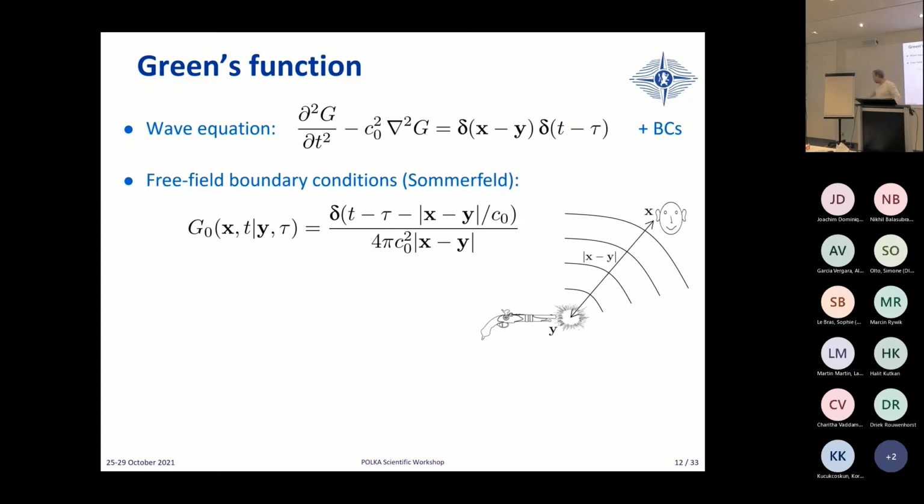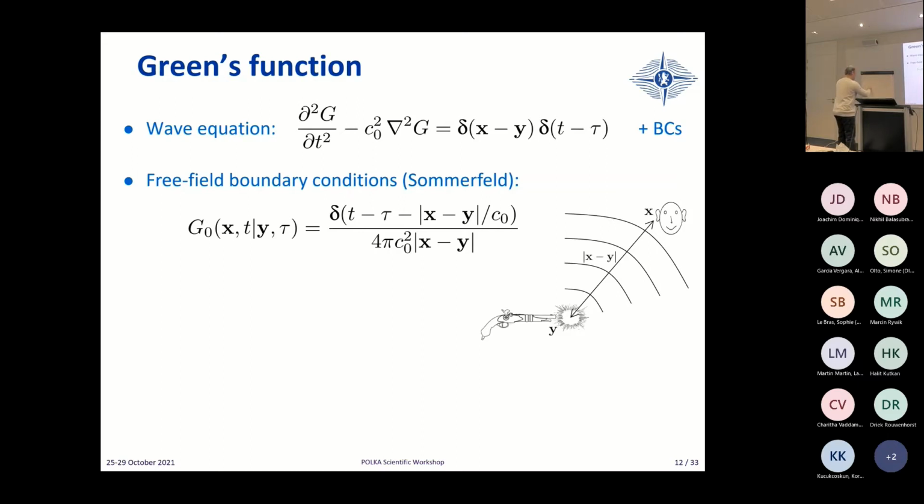The definition of the Dirac function will be that the integral in 1D from minus infinity to plus infinity of a certain f of x, say, delta of x minus psi, dx, is equal to f of psi. So that's what we call the sampling property of the delta function.